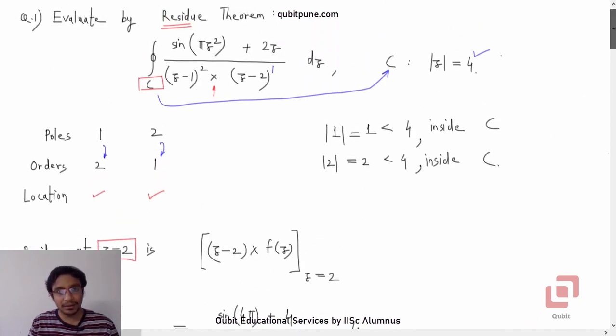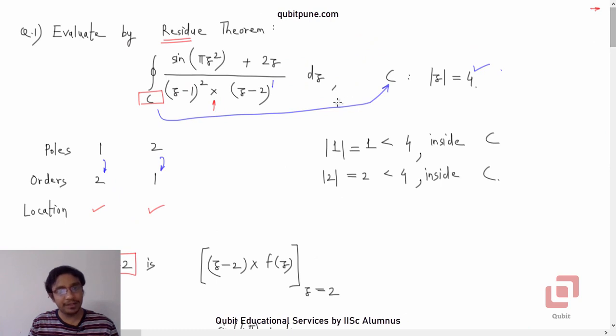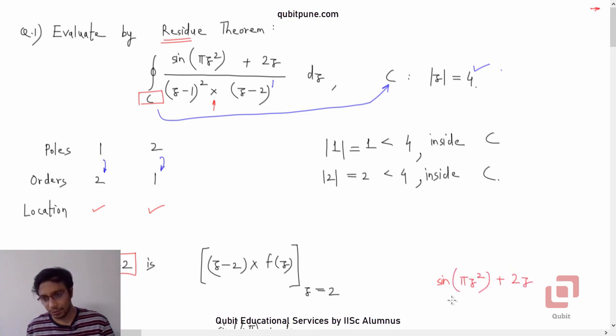First, we will cancel that part from f of z which consists of z minus 2. So we will be left with the function sine of pi z squared plus 2z in the numerator and z minus 1 squared in the denominator.